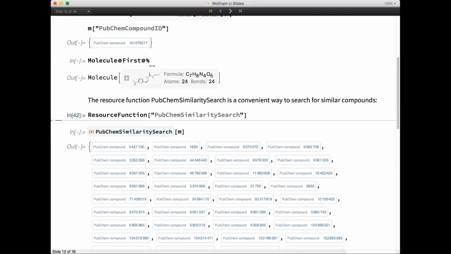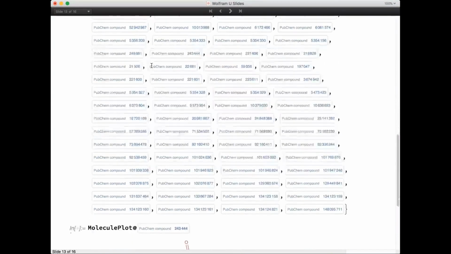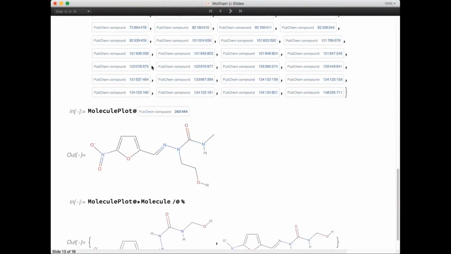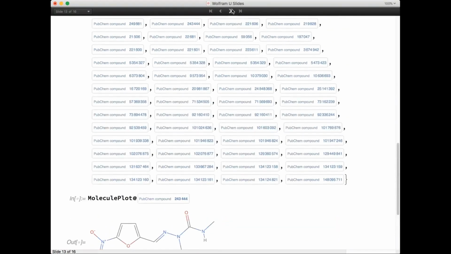So I feed it the molecule we just created, and it makes a database call to PubChem and asks, what molecules do you have that are similar to that? It returns this list, and I can grab any of them, convert it to a molecule and look at it. You can see that this is one example of a similarity match that was found. This was the original molecule, and this was the match that we found. That's very useful.